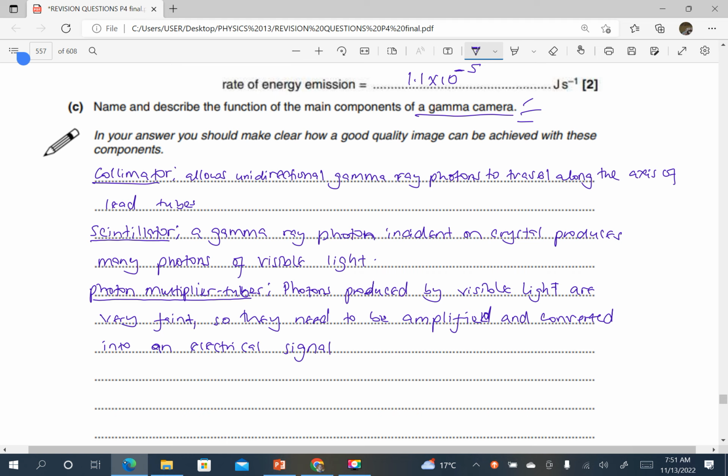And this is the work of the photomultiplier tube.